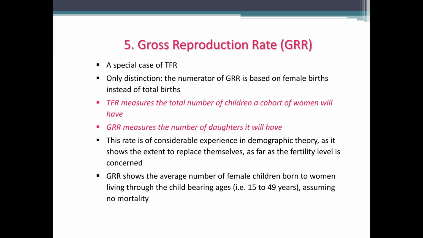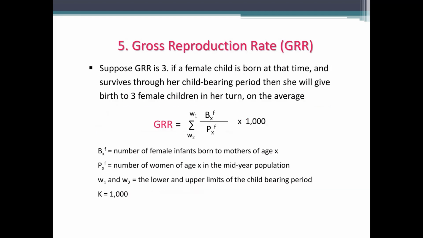Gross reproduction rate measures the number of daughters it will have. This rate is of considerable interest in demographic theory as it shows the extent to which women replace themselves as far as the fertility level is concerned. GRR shows the average number of female children born to women living through the childbearing ages, assuming no mortality.